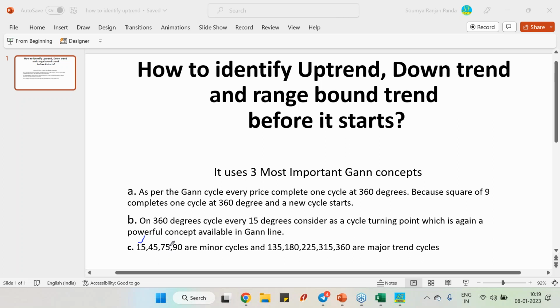Till 90, this is a minor cycle. Here you can add 30 and 60, but these are not that important for us, so I have just taken them off.